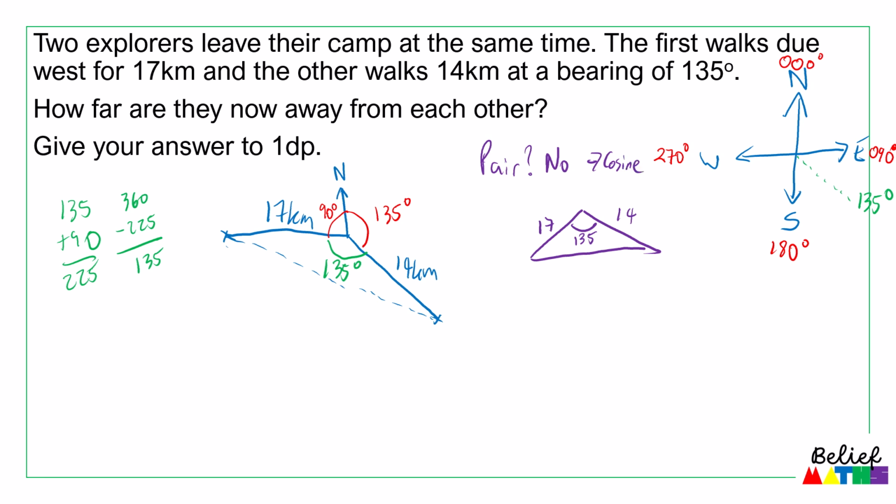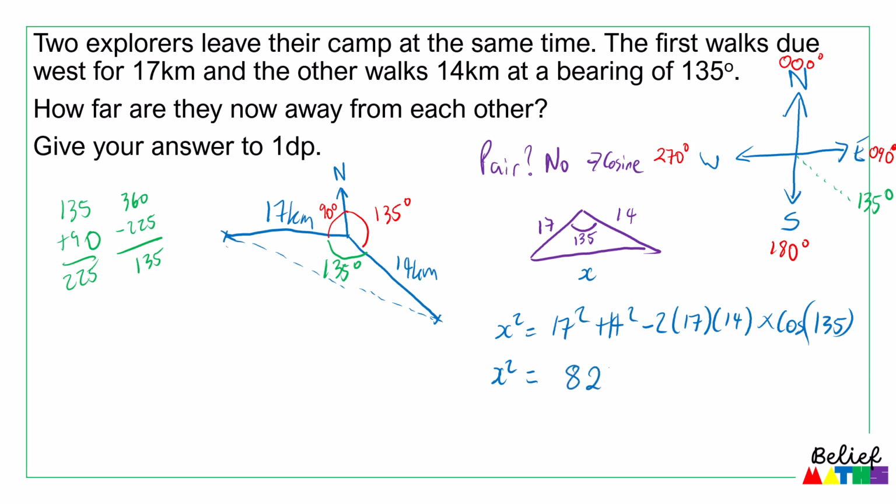Because we're finding a side, we know this is the easier one. So we can just say, let's call our side x. So x squared is equal to 17 squared plus 14 squared minus 2 times 17 times 14 times the cosine of 135. Therefore, putting all of that into our calculator, x squared is equal to 821.58.